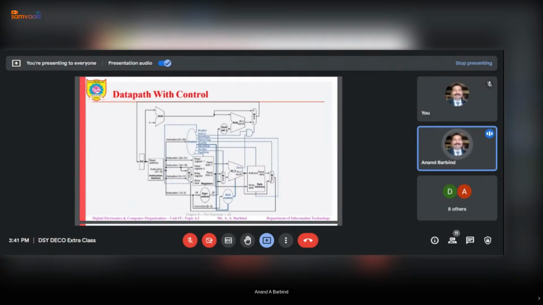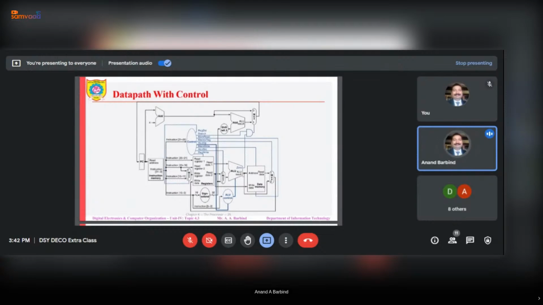The ALU will perform the operation. It will get the appropriate control signal, so the ALU control will be there, based on the ALU operation to be performed, indicated with the blue line, and the ALU will perform that particular operation.